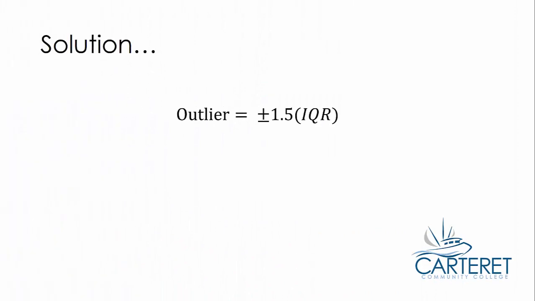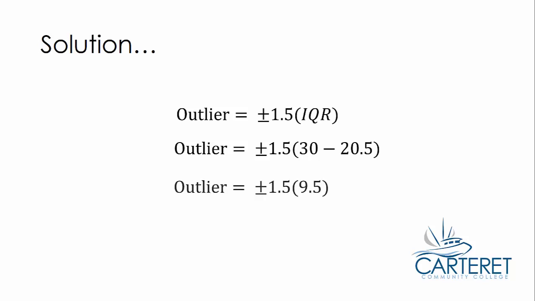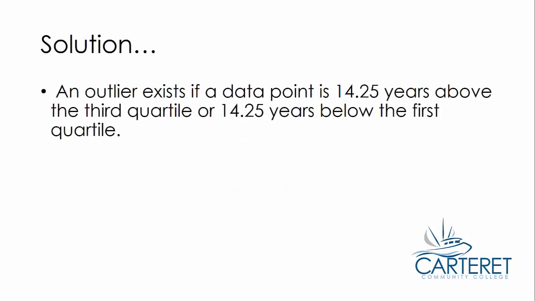To calculate our outliers, remember we want to take 1.5 and multiply it by the interquartile range. That interquartile range can be calculated by subtracting 20.5 from 30 and then multiplying it by 1.5. An outlier is going to exist if a data point is 14.25 years above the third quartile or 14.25 years below the first quartile.